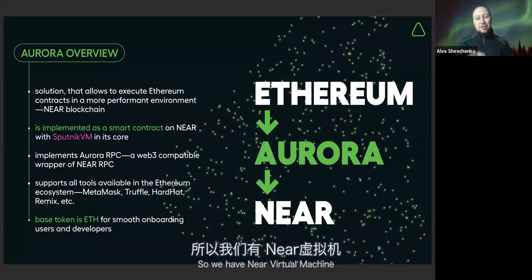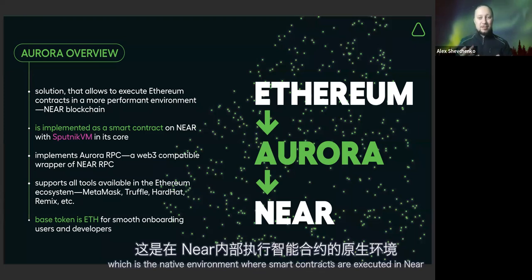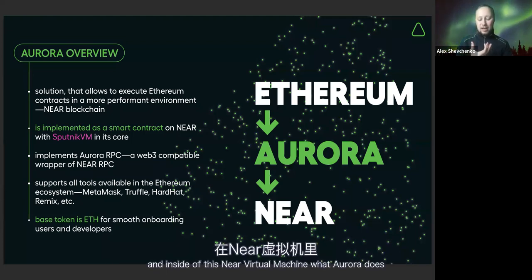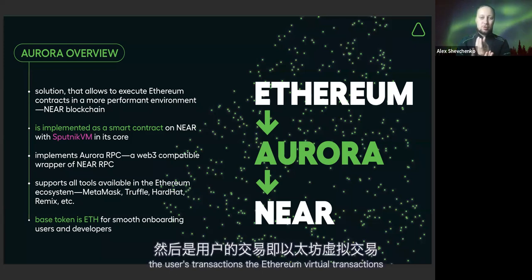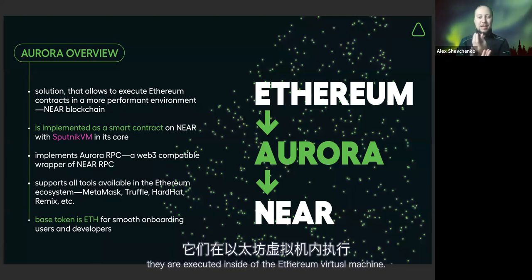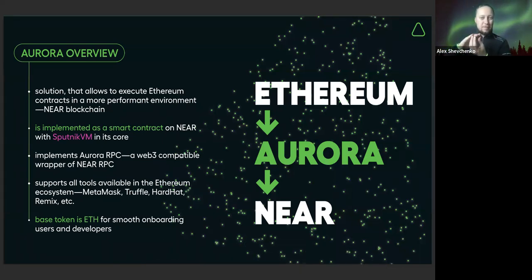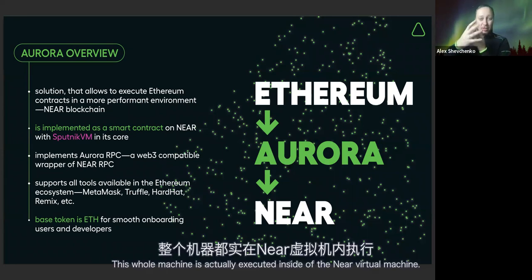We have the Near virtual machine, which is the native environment where smart contracts are executed on Near. Inside of this Near virtual machine, Aurora spins up the Ethereum virtual machine, and the user's Ethereum transactions are executed inside of the Ethereum virtual machine. And this whole machine is actually executed inside of the Near virtual machine.